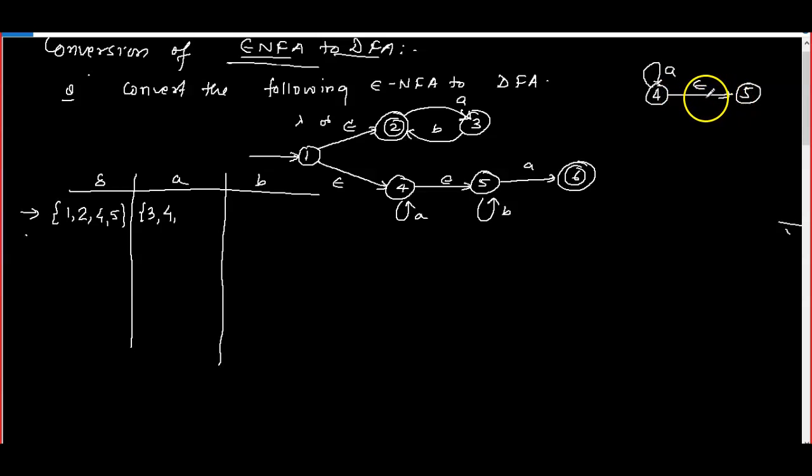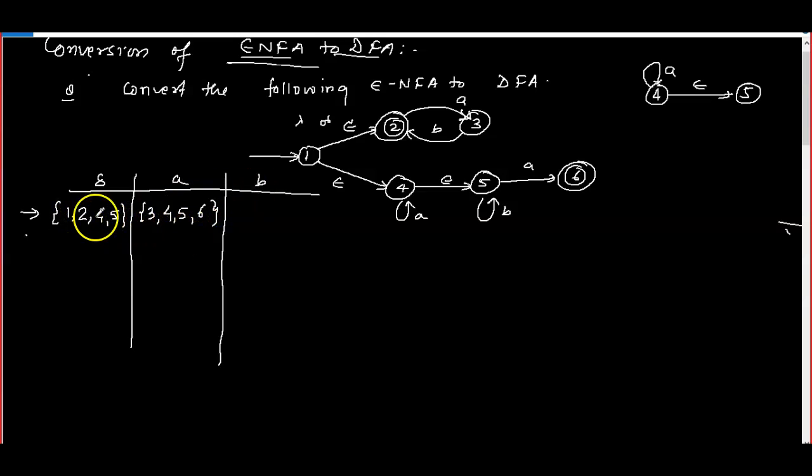So 4 on A is 4, and since we can go freely, we also consider 5, because 4 to 5 is an epsilon transition. Next, from 5 you cannot go anywhere without any input symbol, so there is no free path. Next, 5 on A is 6. So that is also calculated.